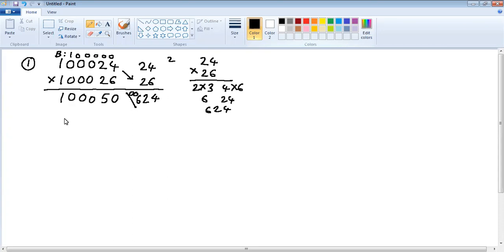So the final answer is 1, 0, 0, 0, 5, 0, 0, 0. This 1, 0, and there are 2 zeros. All of you better concentrate instead of answering through the chat box, because I'm solving the full paper. Any doubt you can stop me in between, or if you want me to repeat, just tell me. The first question is over.